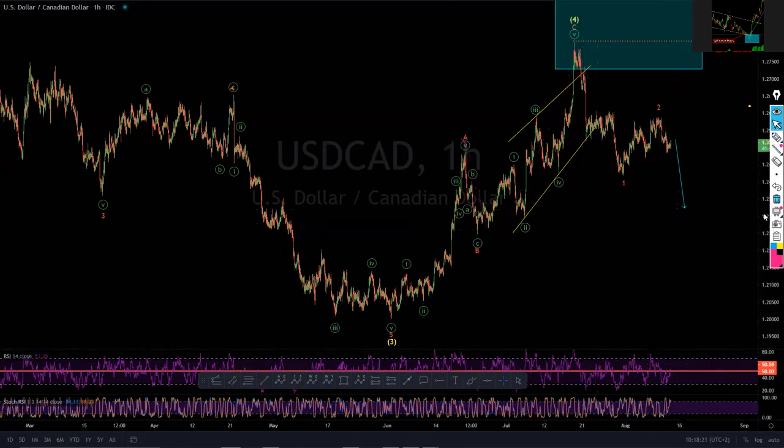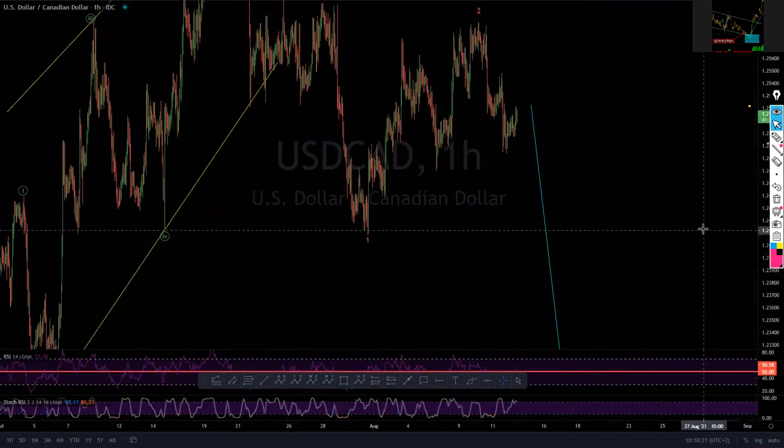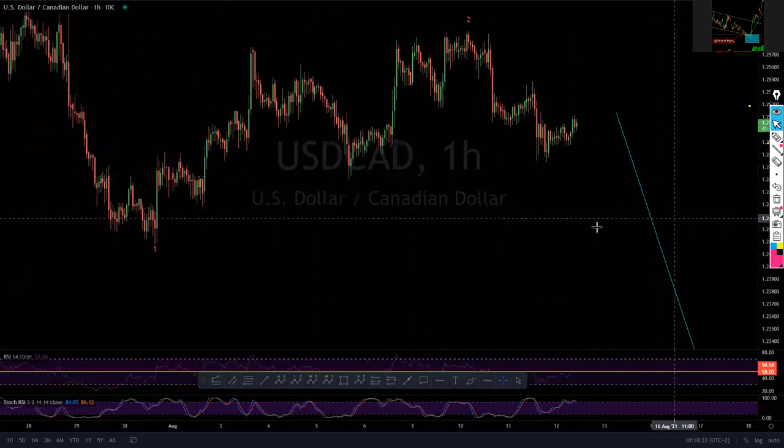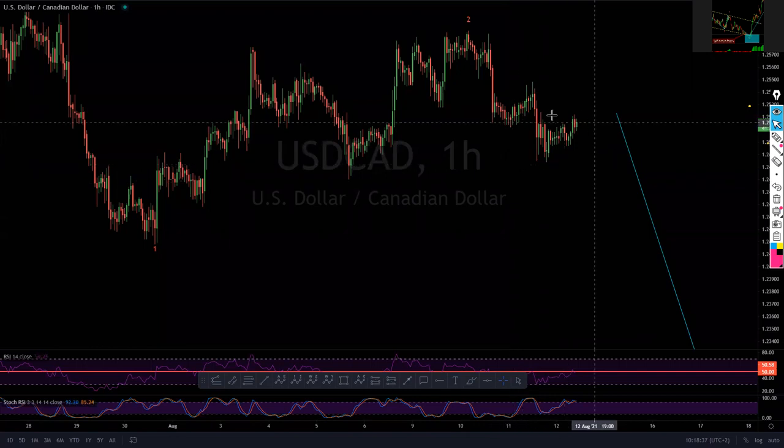Right. So on US dollar Canada, that's what we are looking at. It's almost ready. Once price breaks below this small corrective structure here where my mouse cursor is hovering, we would be looking to sell US dollar Canada.